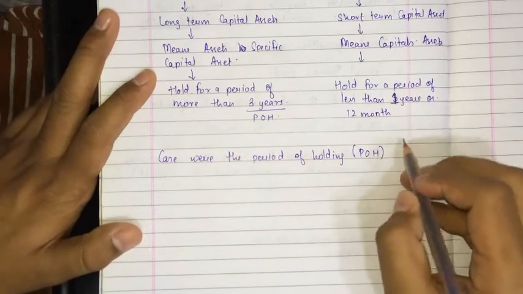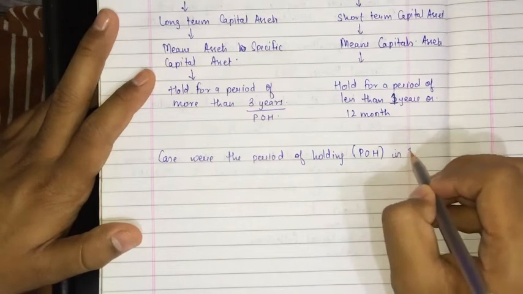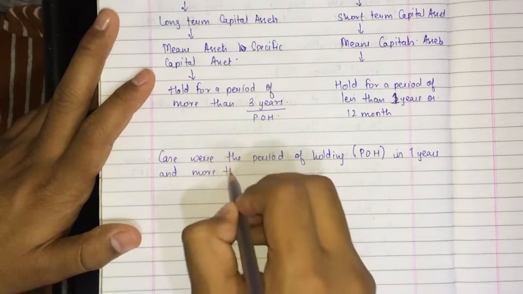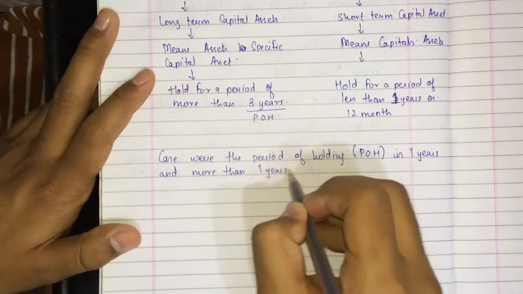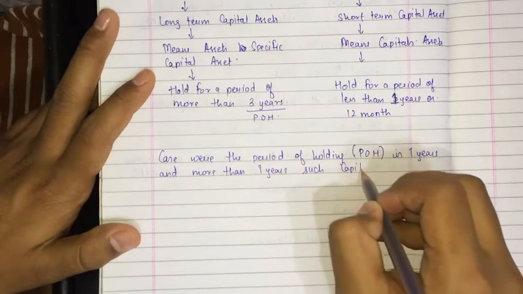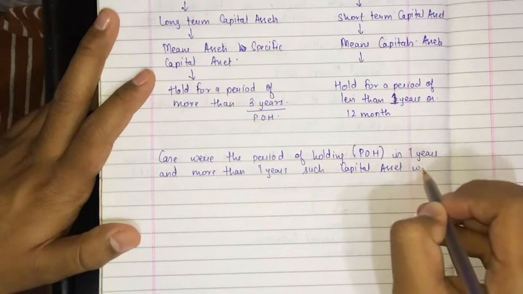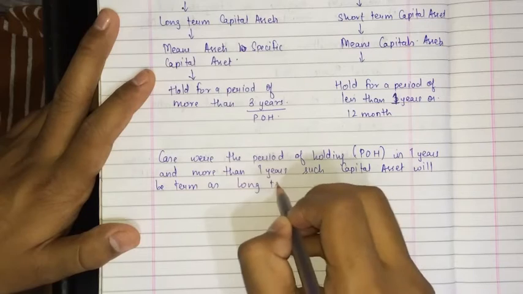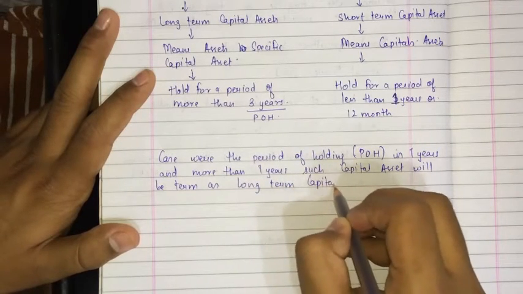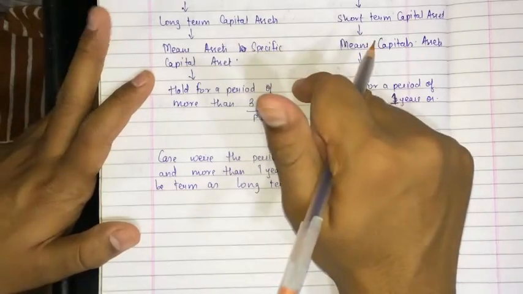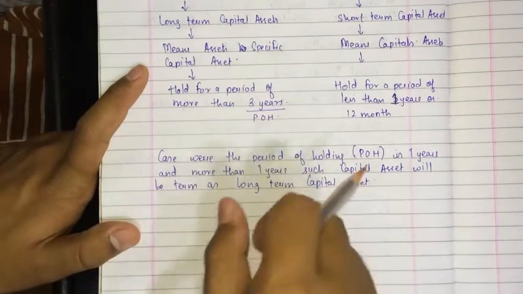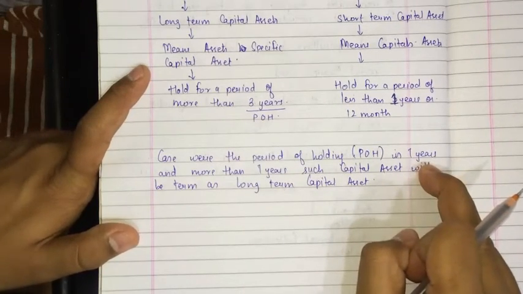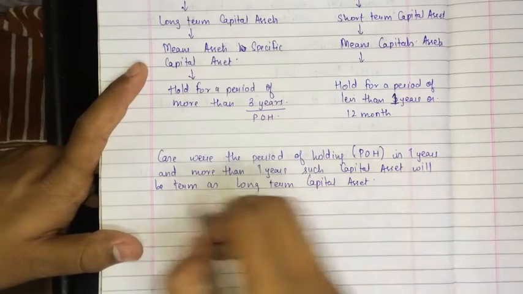Case where the period of holding is 1 year and more than 1 year, such capital asset will be termed as long-term capital assets. Now you will be thinking, I have just now thought about 3 years, but the assets which I specify over here should have a period of holding of more than 1 year or 1 year. Specific assets.